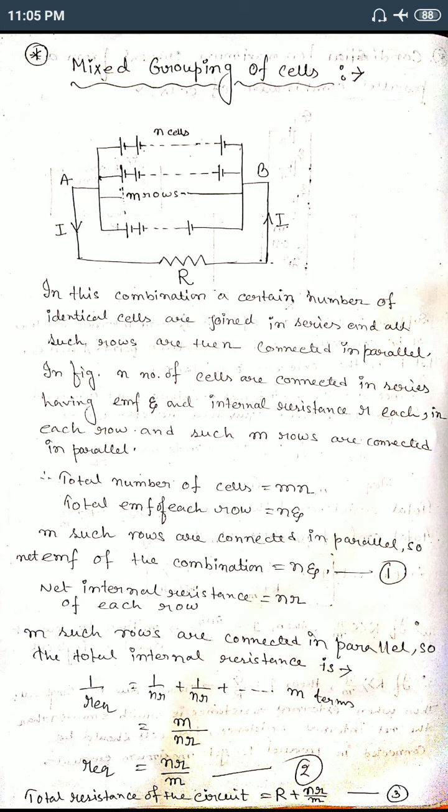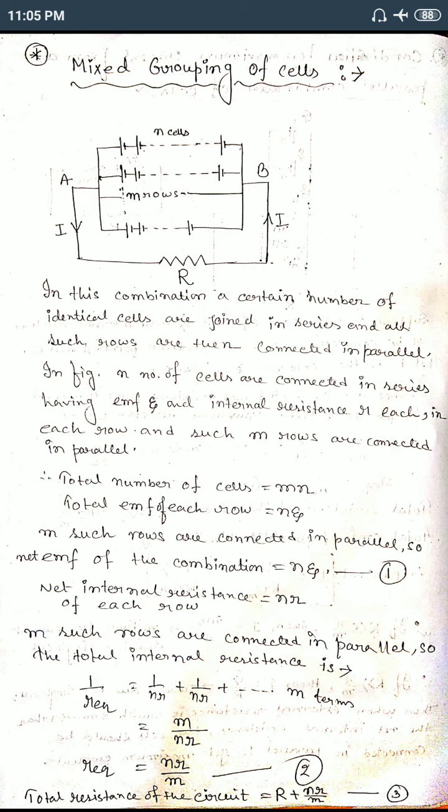So what is the total number of pencils? 4 into 3, that is 12. So here we have n number of cells, that represents 3, and m number of rows that represents 4. So 4 into 3 means we get m into n. Total number of cells is m into n.